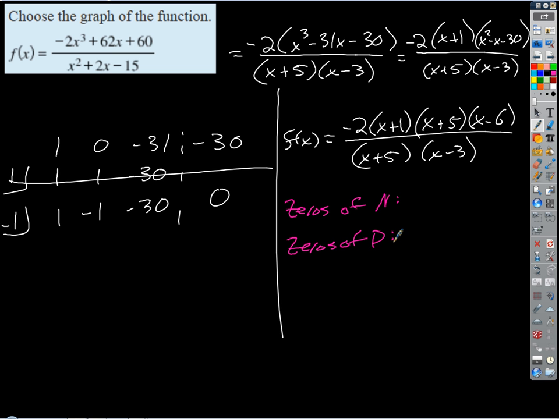What are our zeros of the numerator then? Zeros of the denominator. Okay, so we do have one shared 0, right? So what does that tell us? Good. Okay, so we got a hole at negative 5. We have x-intercepts where?